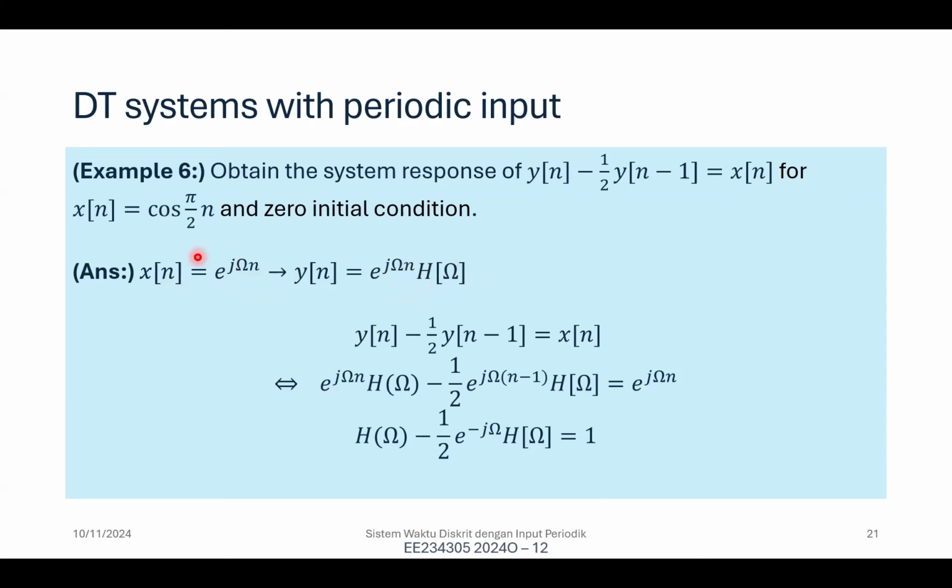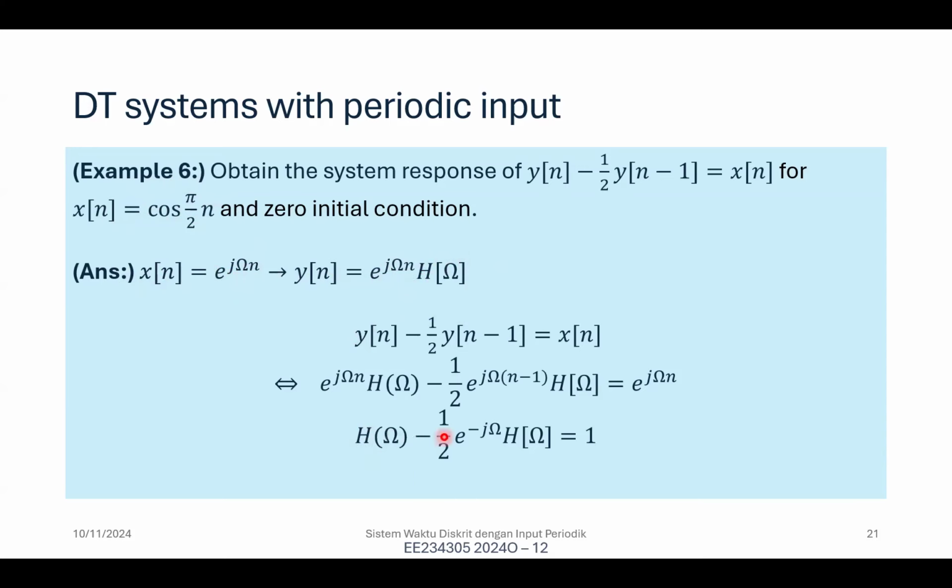Note that here we just assume this, right? So this is not this yet. But we assume that we have a complex exponential input, and thus the output is also a complex exponential multiplied by the transfer function.